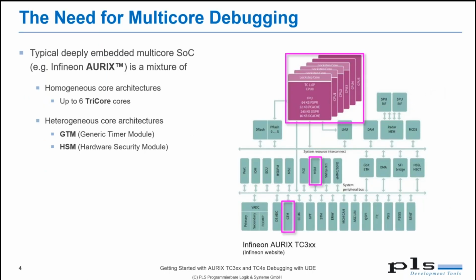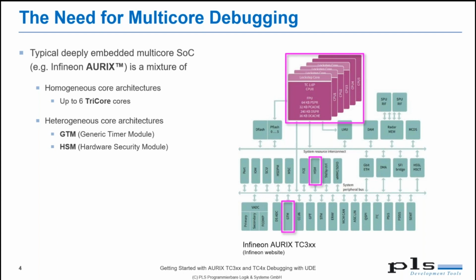The Infineon AURIX, as you see on this picture here, is a typical example of a deeply embedded multi-core system with heterogeneous cores. This is not specific to AURIX, but there are a lot of other devices on the market which follow the same architecture principles.